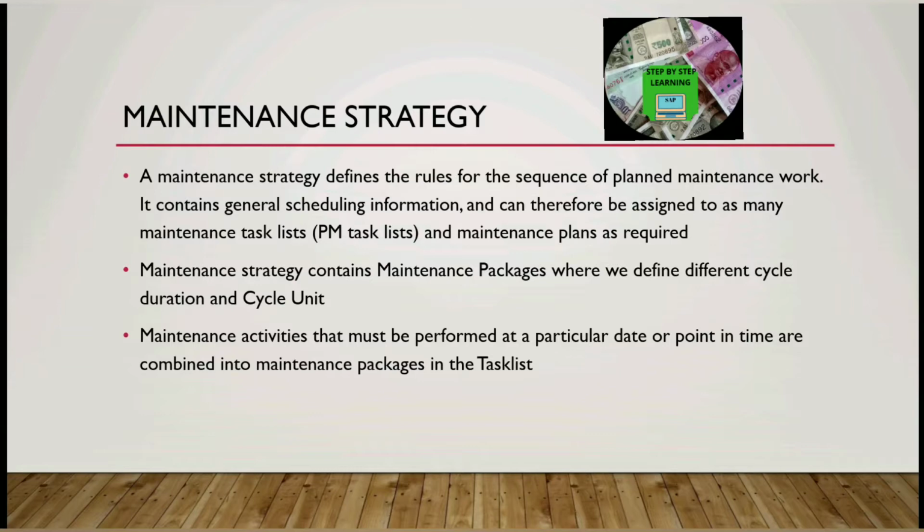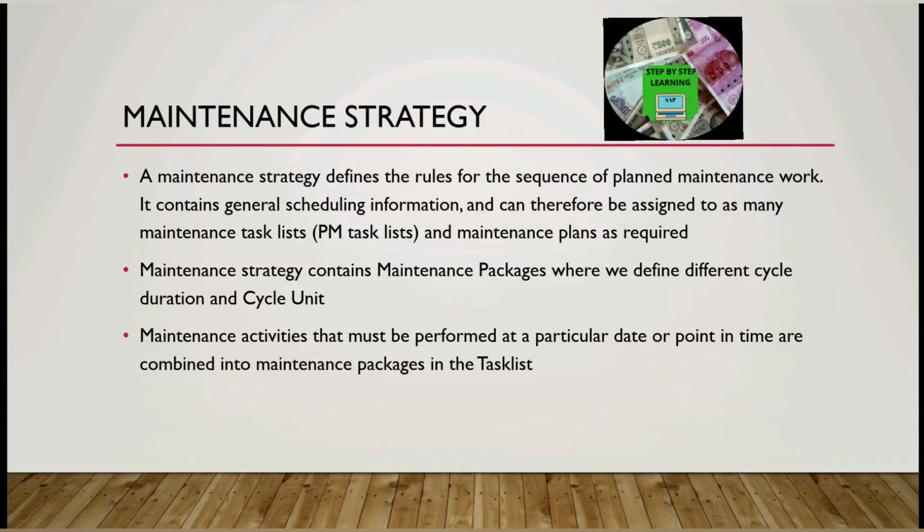If you use a single cycle, then you need to create two maintenance plans: one for the every-week plan and another for the every-3-month plan. In order to overcome this, we need to use maintenance strategy. If we use a maintenance strategy in the task list, we can create one master, one task list only, with the help of the strategy, and assign operations to a particular duration.